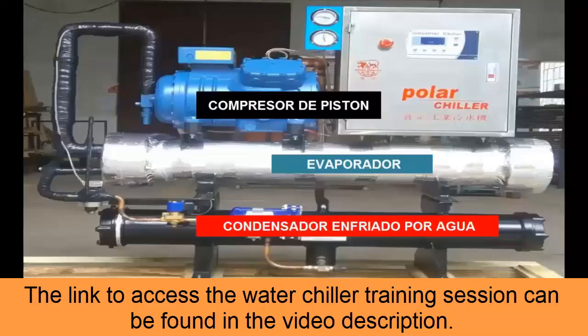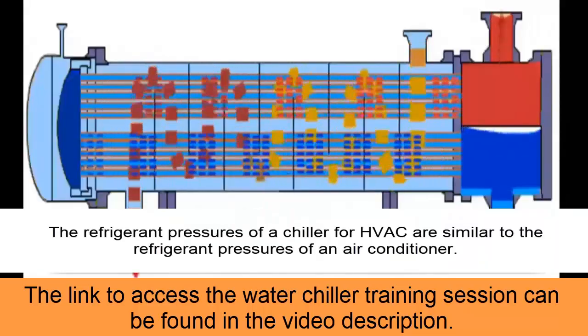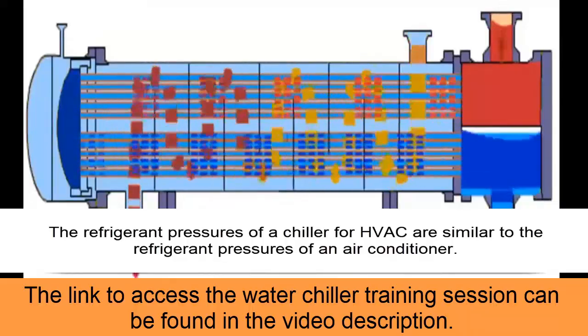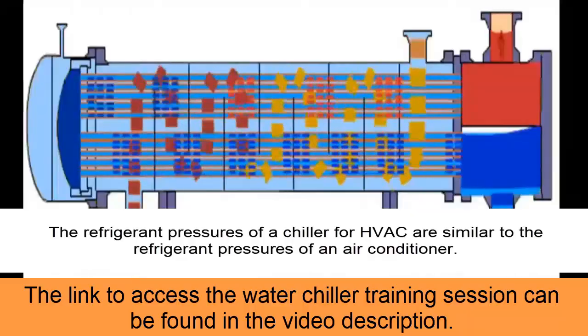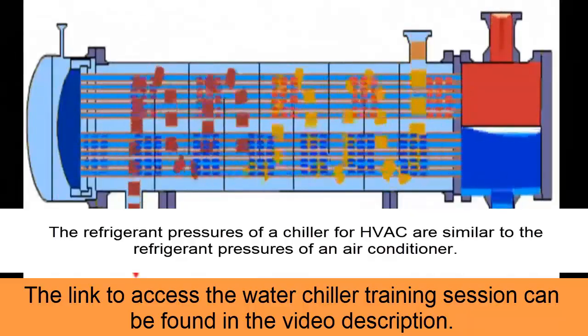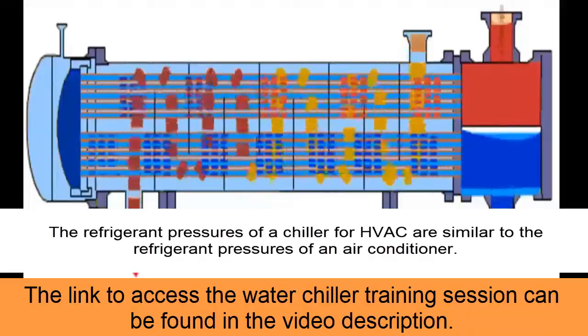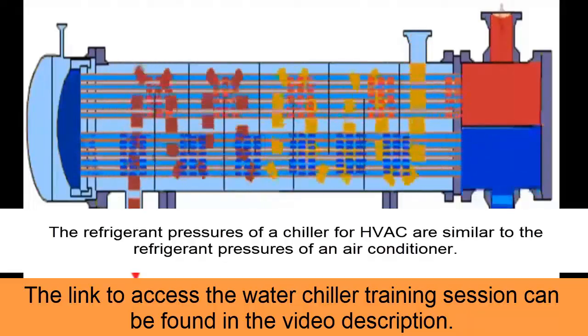Let us remember that a chiller operates with relatively high evaporator pressure, almost similar to the pressures of an air conditioning system. This means we're dealing with high-temperature evaporator equipment in most cases, although, as we will see in later classes of this basic chiller course, there are systems designed to generate low temperatures.